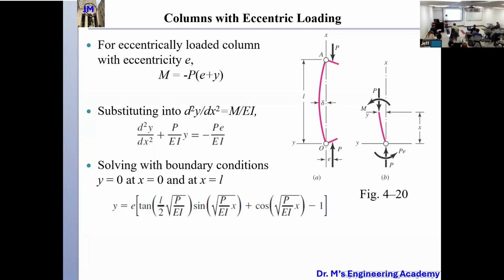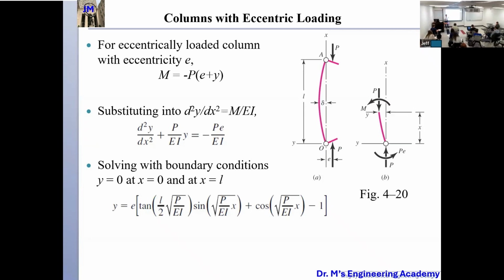Are you guys familiar with this one? For the beam, the second derivative of the deflection with respect to the position can be approximated as M over EI. The assumption is that the deflection is not too big. Have you written it down?